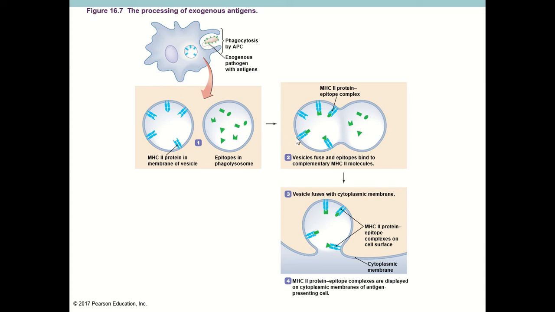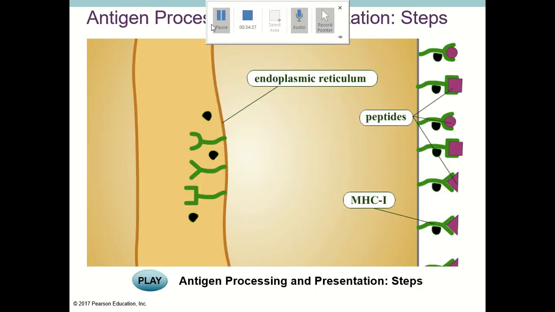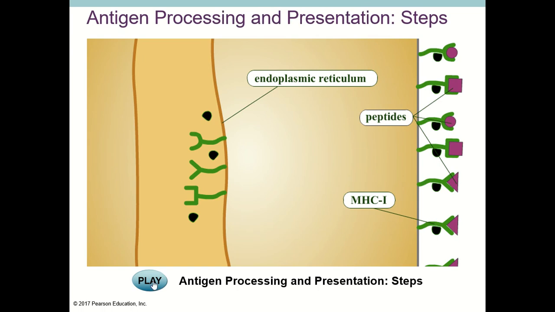And once that happens, these vesicles travel over to the cell surface, to the membrane, and they embed those molecules just like in endogenous processing, right onto the cell surface, so that further cells of the immune system can deal with the infection, and not only that, but also look for other cells that are infected, that are showing the same epitopes and the same antigens on their cell surface. So here are more details of what I just mentioned.